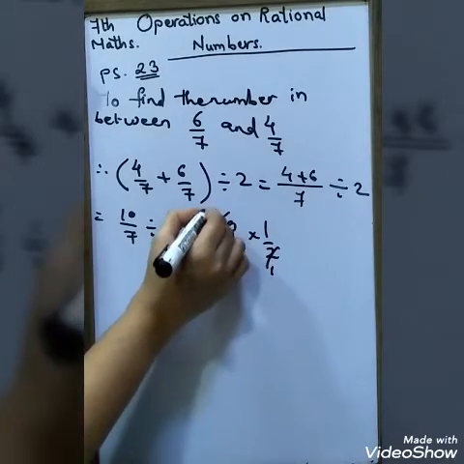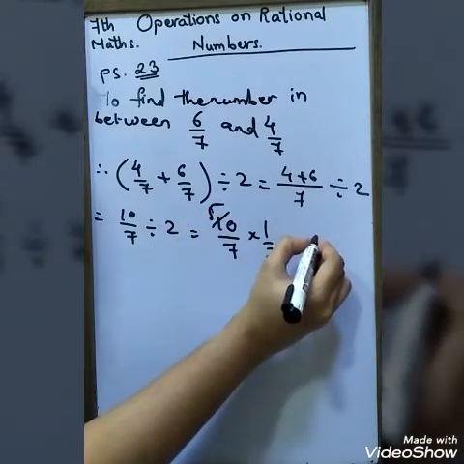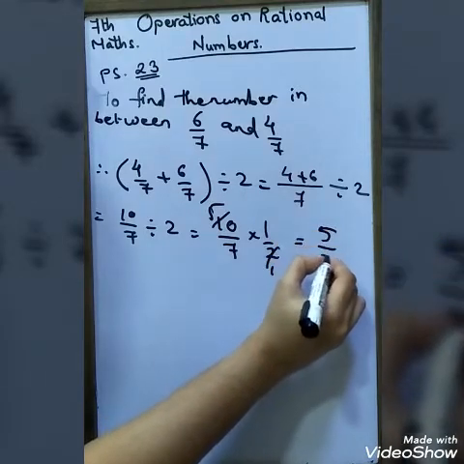So 2 ones are 2, 2 fives are 10. So that will be equal to here 5 upon 7.